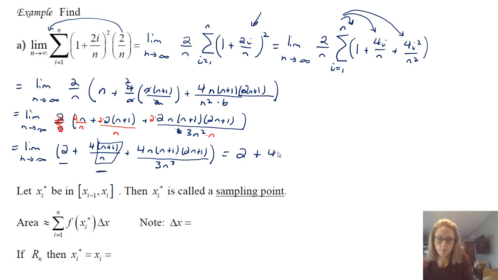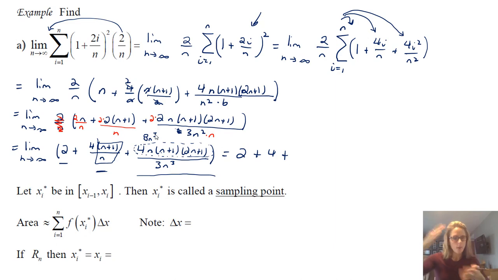The limit here is just 4. And the limit here is, and again, what I want you to see is you really just have to think about what if I were to multiply this out. I'm not going to require you to multiply the whole thing out, but if you were to multiply it out, you're going to get 4n times n times 2n. That's going to be your leading term. There's going to be a bunch of terms, but the one that you care about is that you're going to have an 8n cubed as your leading term, and then the denominator is a 3n cubed.